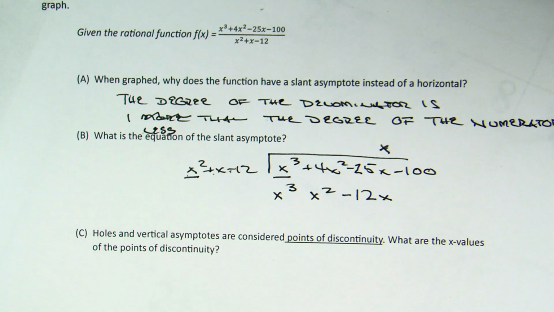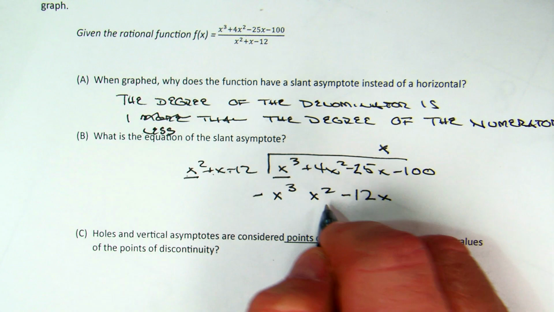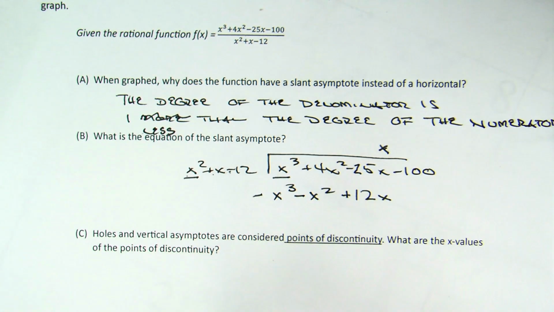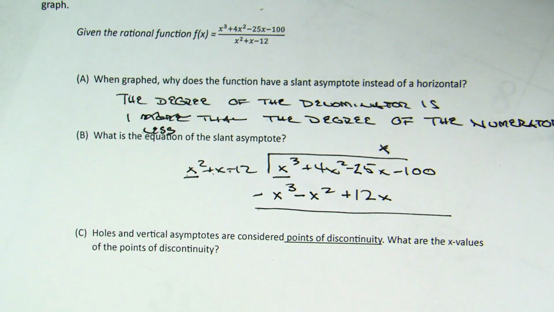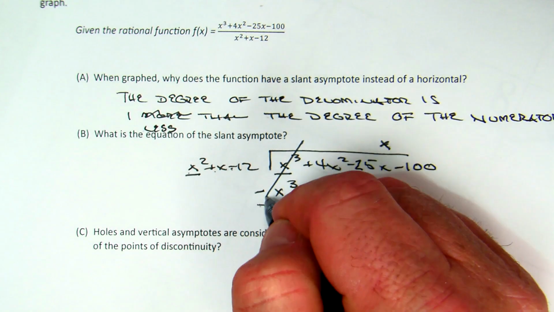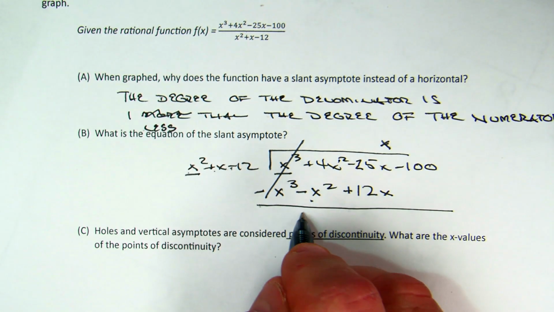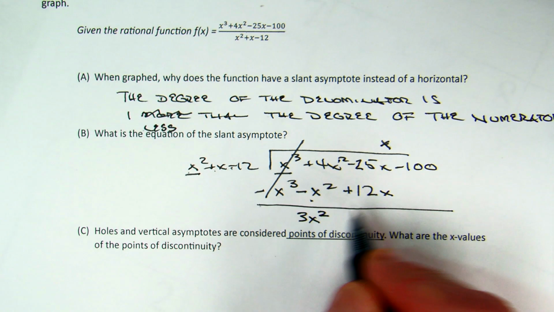So because it's long and not synthetic division, we then switch all of our signs. What's the x cubed minus the x cubed going to do to each other? Cancel out. 4x squared minus x squared is 3x squared.